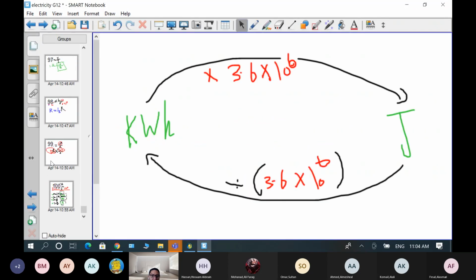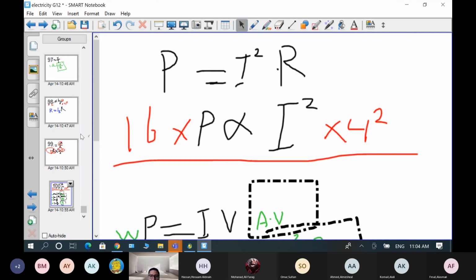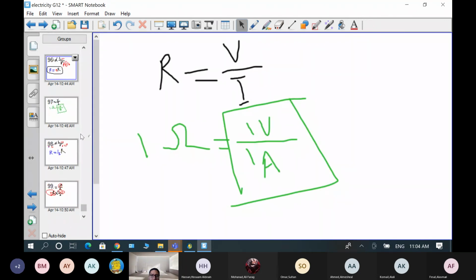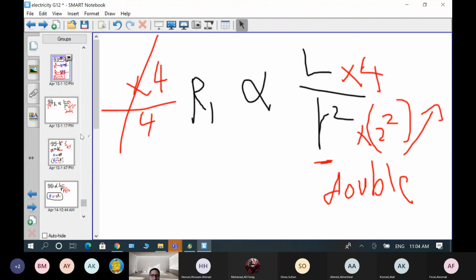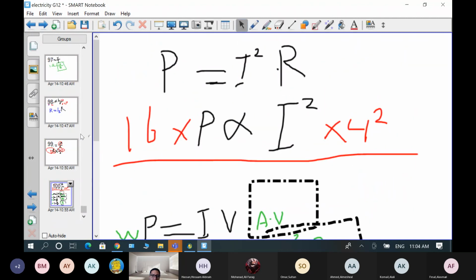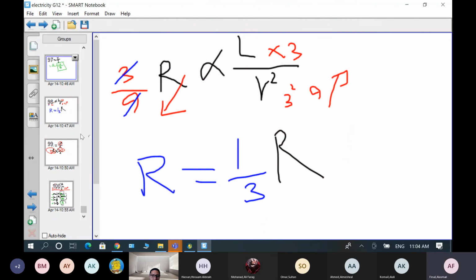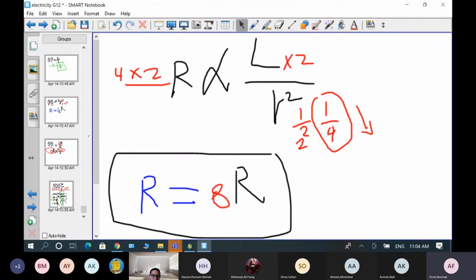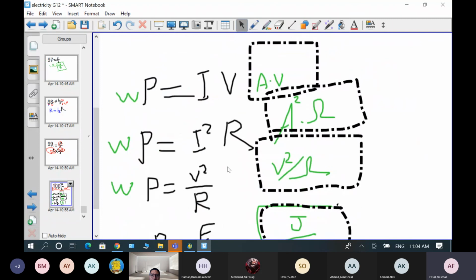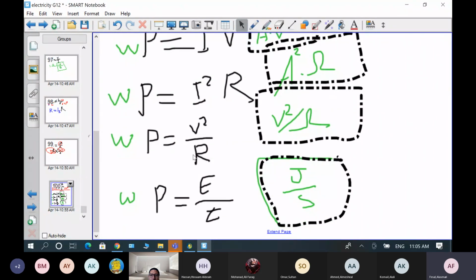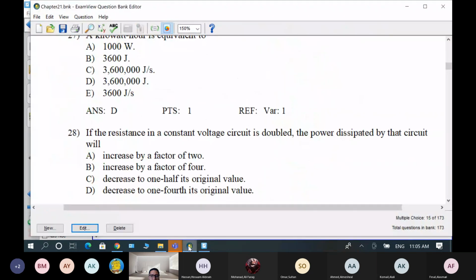If the voltage is constant and the resistance is doubled, what happens to the power dissipated?